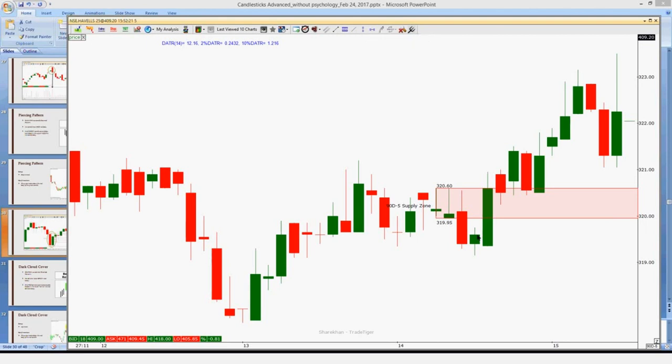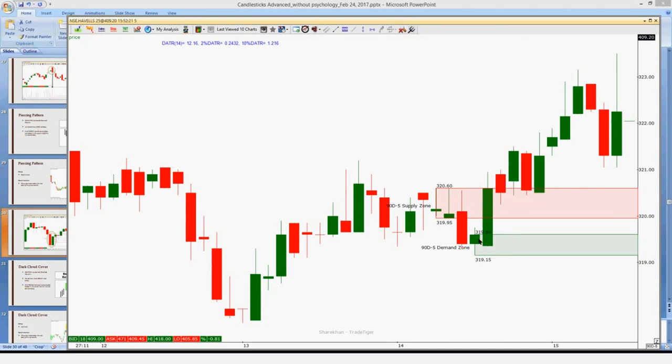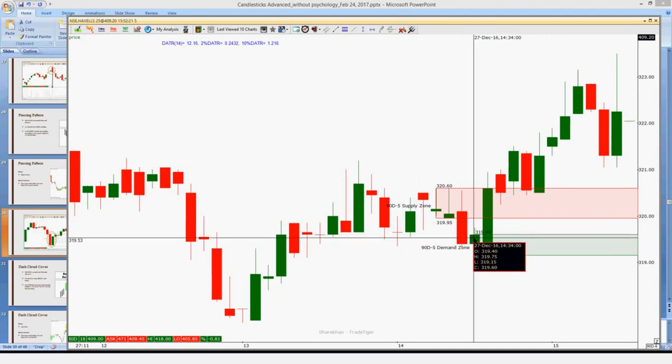Is this a demand responsible for that engulf? Price ultimately closed above that, right? Here in this candle. Can I take a trade here? This is inside the 60-minute source of engulf.